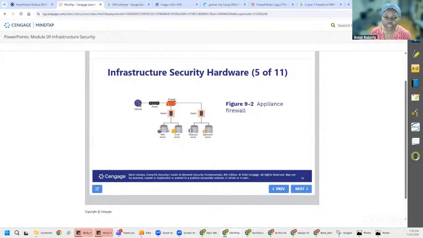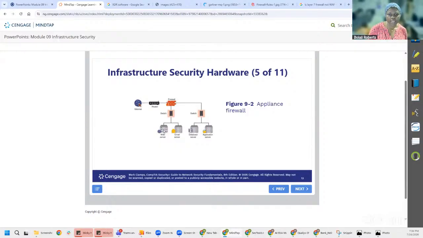So if you look critically, what are the servers that are in the DMZ? The web server, because you want people to be able to reach your website from the internet. Then the email servers, because you want employees to be able to read or receive their emails from outside of the organization. Why is the database server not in the DMZ? You don't want people from the internet to access your database or gain access to your application.